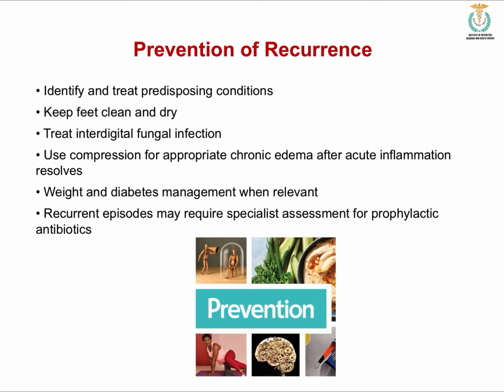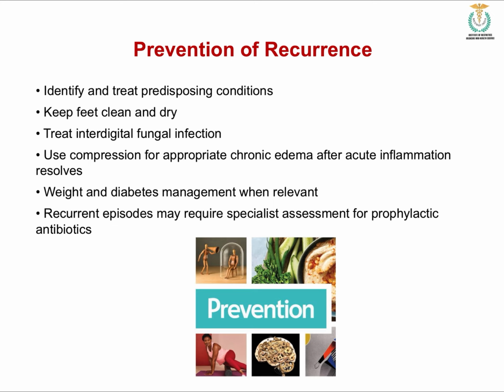Then comes the venous insufficiency. Venous insufficiency should be managed, and diabetes and other relevant medical conditions should be optimized. The patient should also protect the skin from unnecessary trauma and maintain good skin care habits.